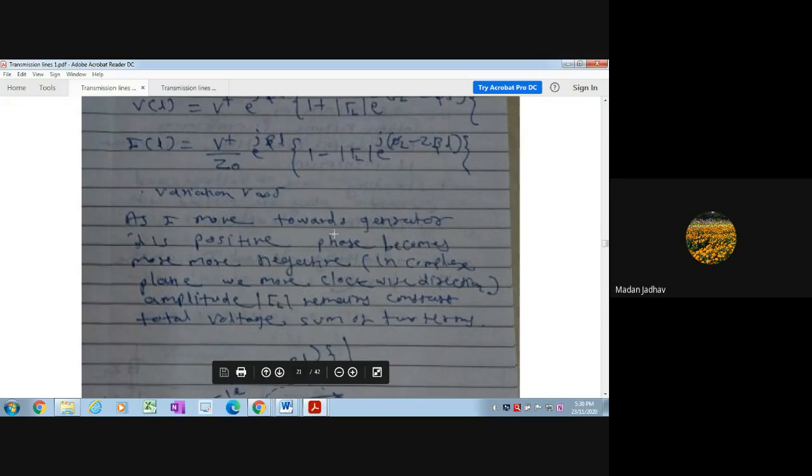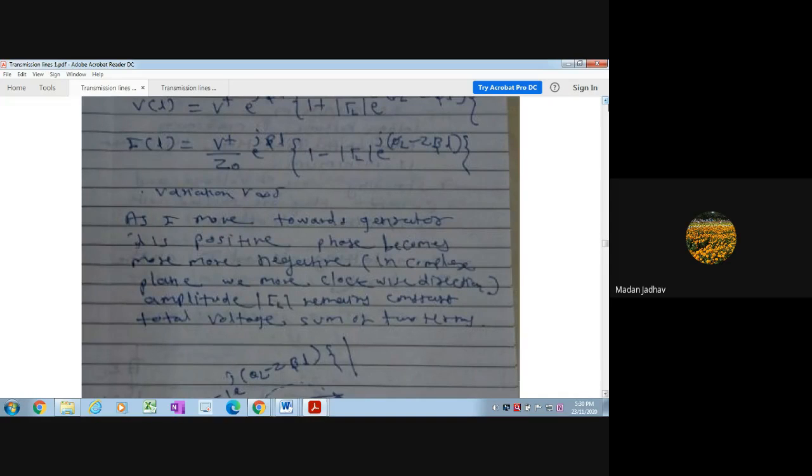As I move towards the generator, L is positive. When moving from the load to the generator, L is positive. The load impedance is located at L equal to 0.